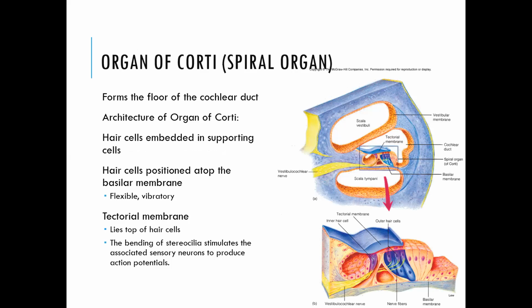Again, we do not need to know detailed information on how these different specific organs in your ear work. We just need to be able to identify your cochlear and your vestibular nerves that assist in hearing and balance respectively, as well as their location. If you are asked to label them or identify them in the region of the inner ear, you should be able to do so.